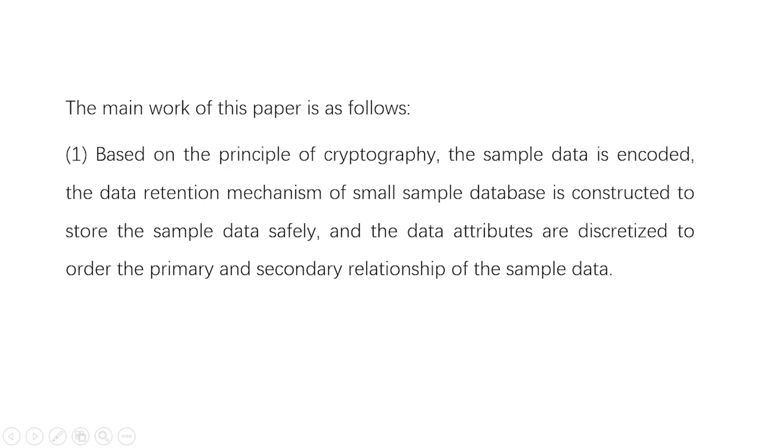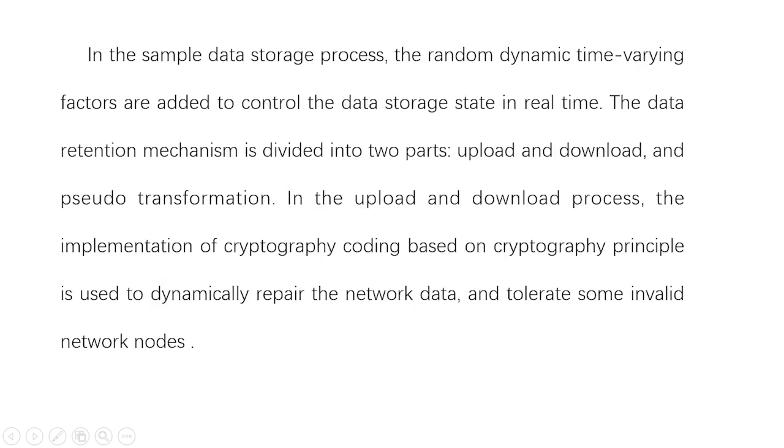First, based on the principle of cryptography, the sample data is encoded. The data retention mechanism of small sample databases is constructed to store the sample data safely, and the data attributes are discretized to order the primary and secondary relationship of the sample data. In the sample data storage process, random dynamic time-varying factors are added to control the data storage state in real time.